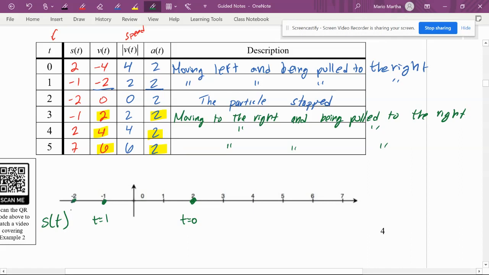Negative 2 is when t equals 2. Negative 1 when t equals 3. I'm sorry, backwards. T equals 3, the position is equal to negative 1. And then t equals 4, position is 2. So that would be also 4 here. And then finally 7 when t equals 5.